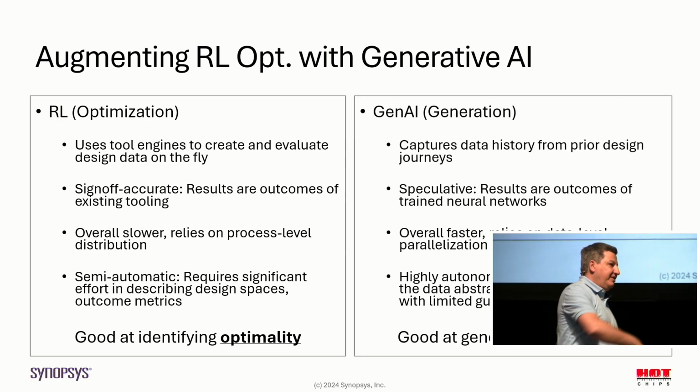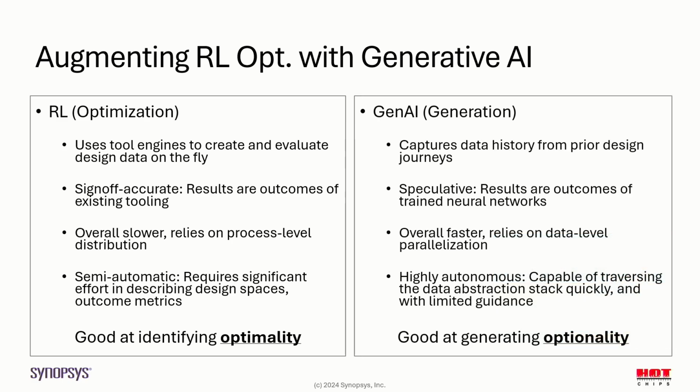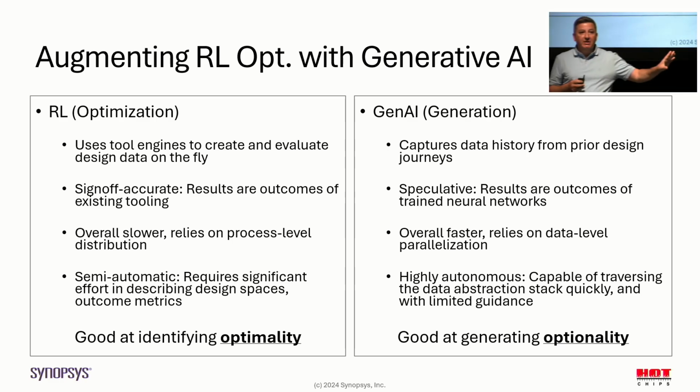Now, if I look at generative AI coming in, here we don't generate data on the fly. We actually have a captured representation of history from prior journeys. We can be speculative because we now have access to results that come directly from executing inference flows and neural networks rather than entire design flows to seed our systems. So it's very fast. And then it is highly autonomous, right?